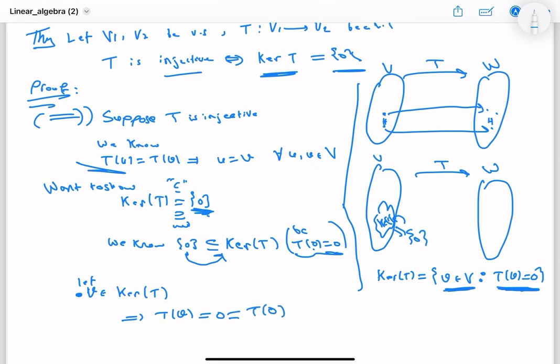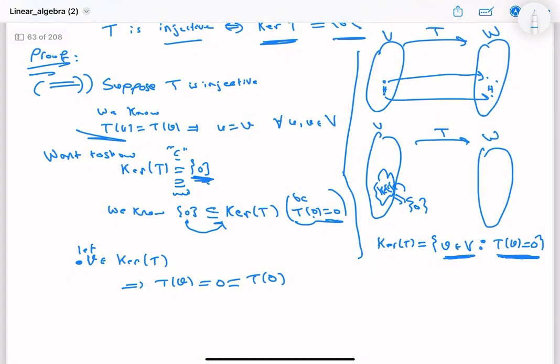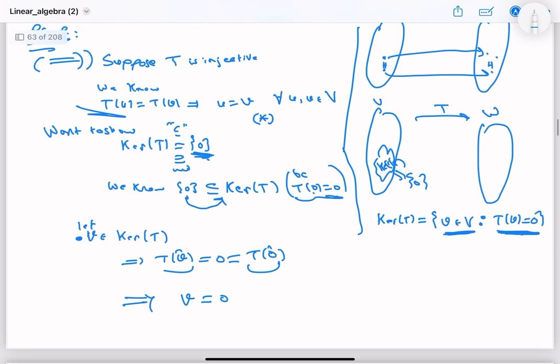This is something that we proved in the previous video. And thus, if we use the property star, we have T of a vector is equal to T of another vector. This implies that V, like the input, is equal to the input, is equal to 0. And this is what we wanted to show, right?